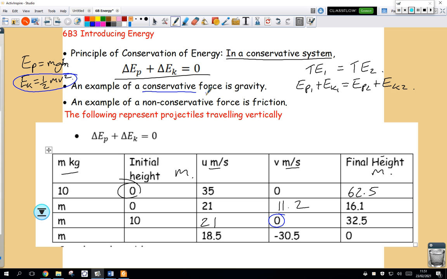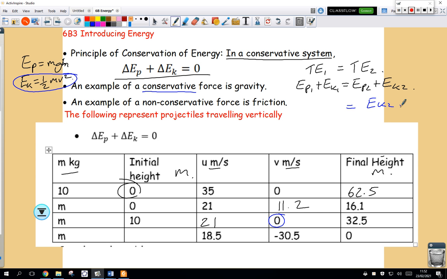I'm noticing over here in the final row that the final height is 0. So at position 2, there is no potential energy, so all of its energy is going to be kinetic at position 2.